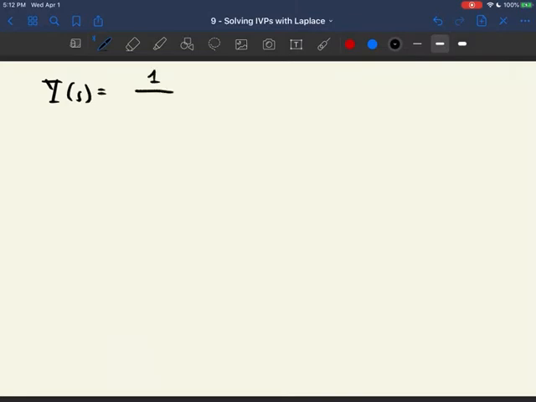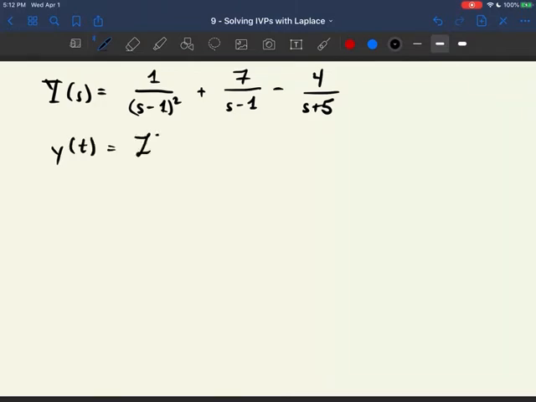We now know, going back, we have y of s is equal to 1 over s minus 1 quantity squared plus 7 over s minus 1 minus 4 over s plus 5. And so y of t will be equal to the inverse Laplace transform of these things.